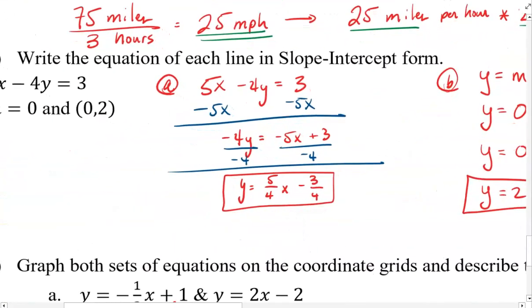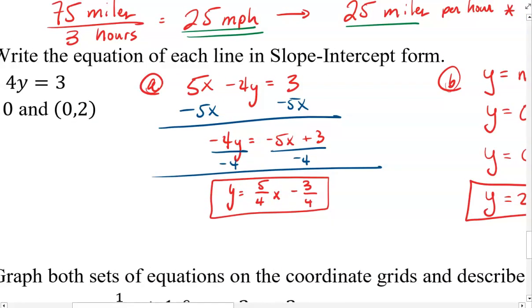In the next 2 examples, we were asked to write the equation in slope-intercept form. Remember, that's y equals mx plus b. And our whole goal here is to get the y value by itself. So if we had this problem originally given to us in question A, and our job was to get y by itself, first thing we do is to move the 5x to the other side by subtracting 5x from both sides of the equation.